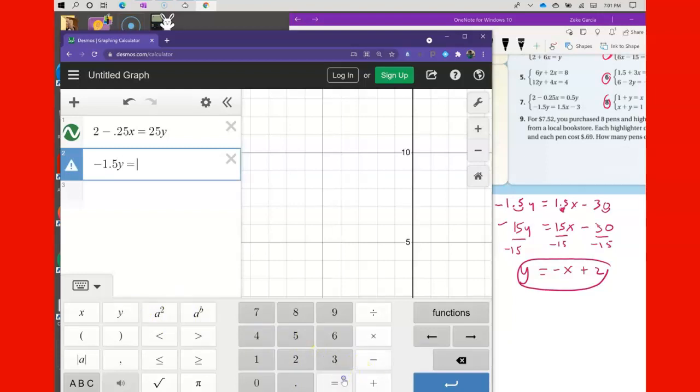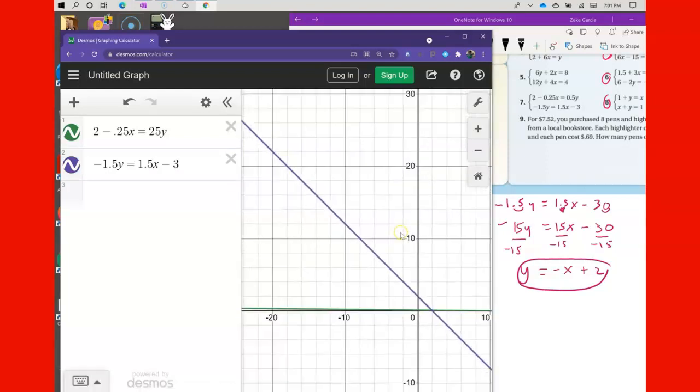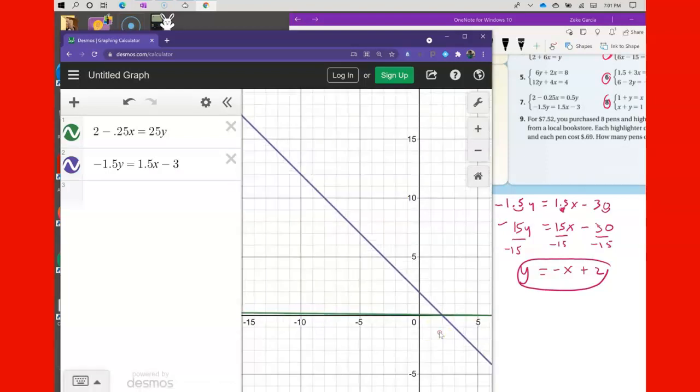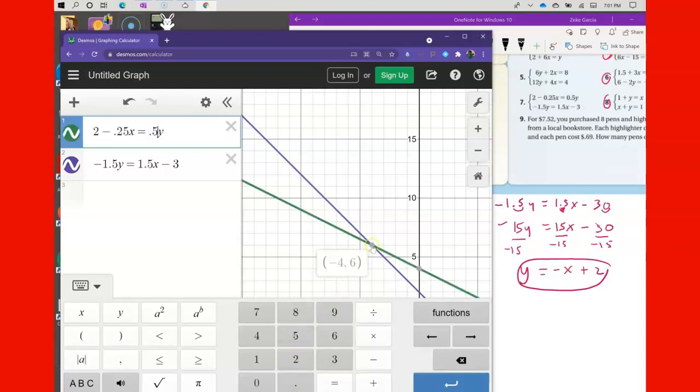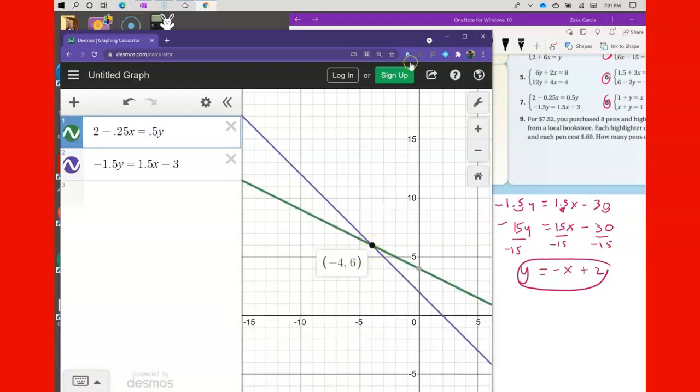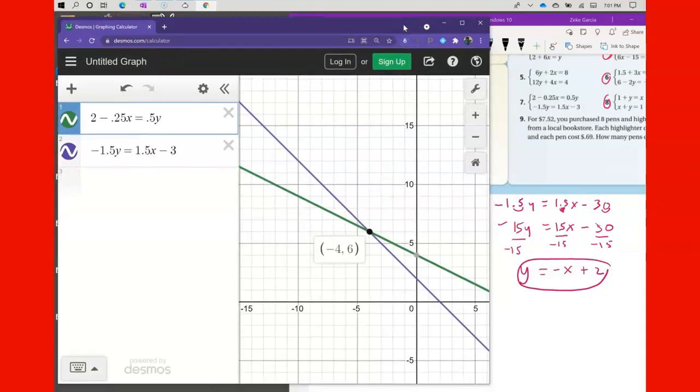Equals 1.5x minus 3. Okay, so we're going to have to double check this. So here is the problem here, 0.50. And that was the answer we had, negative 4, 6.